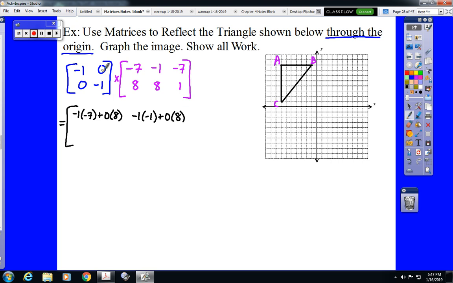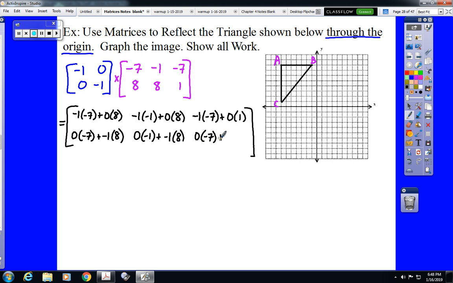And finally, row 1 times column 3, -1 times -7 plus 0 times 1. We will then repeat those steps using row 2. So row 2 times column 1, which would be 0 times -7 plus -1 times 8. Row 2 times column 2 is 0 times -1 plus -1 times 8. Row 2 times column 3 is 0 times -7 plus -1 times 1.